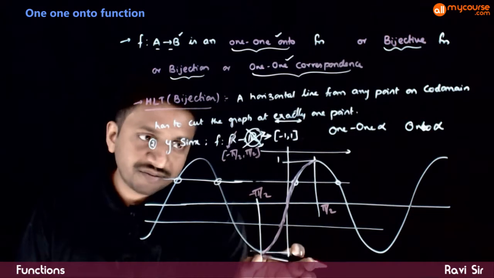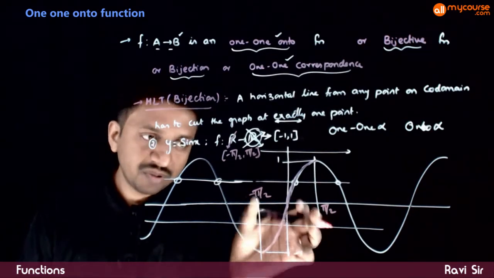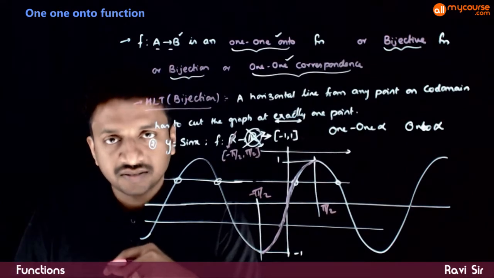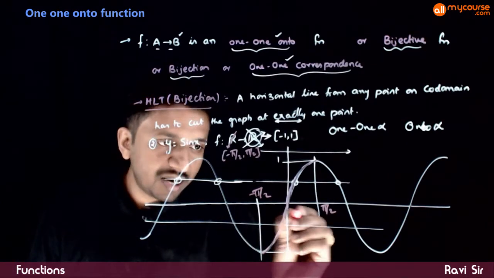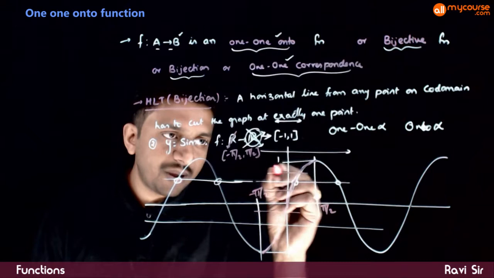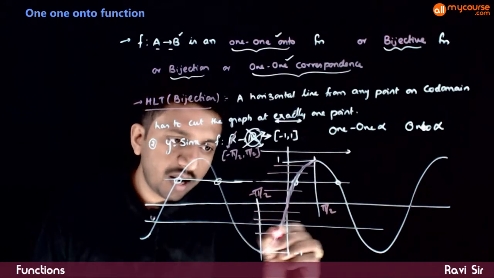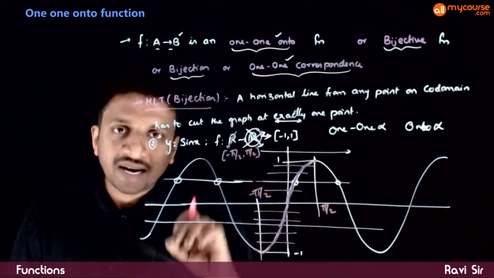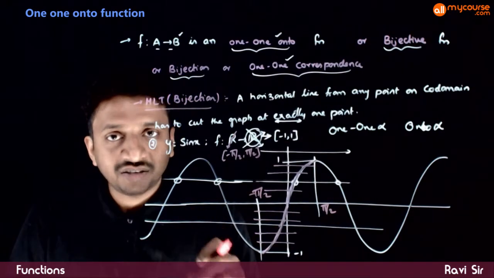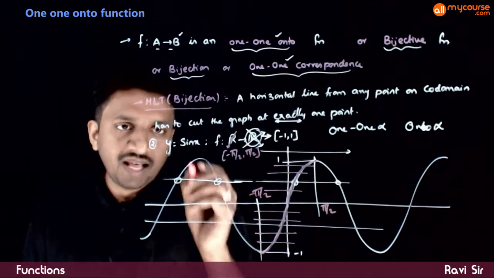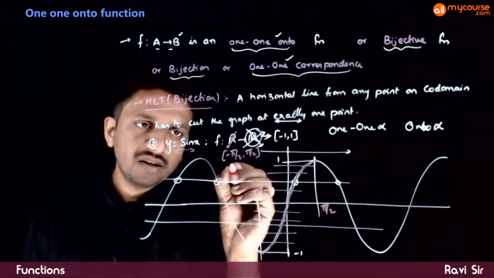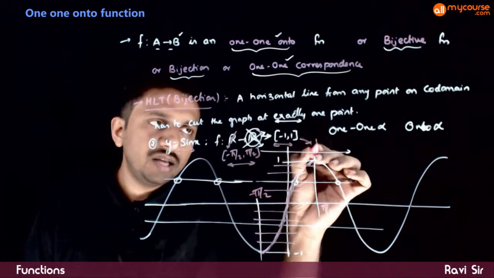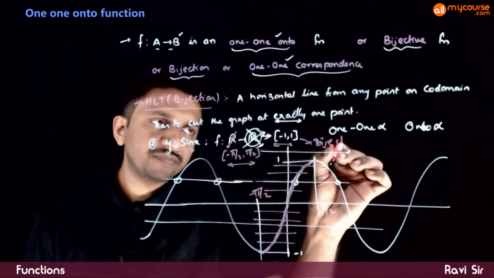So if you take this graph between -π/2 to π/2, will it satisfy the horizontal line test for 1-1 function? Yes. Every horizontal line cuts the red part at 1 and only 1 point. So this red part satisfies the condition for a bijective function. Hence y is equal to sin x from -π/2 to π/2 to -1 to 1 is a bijective function.